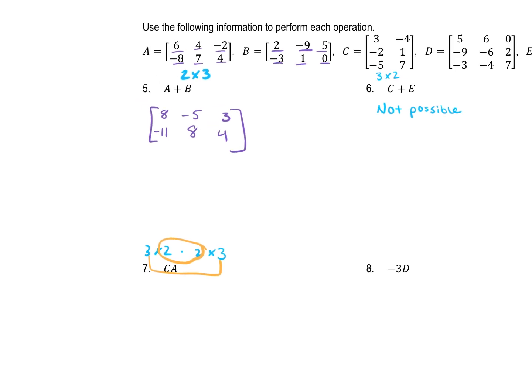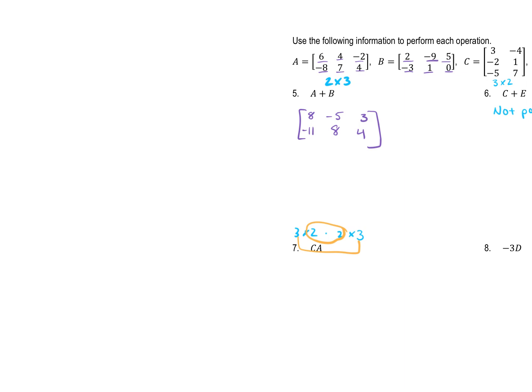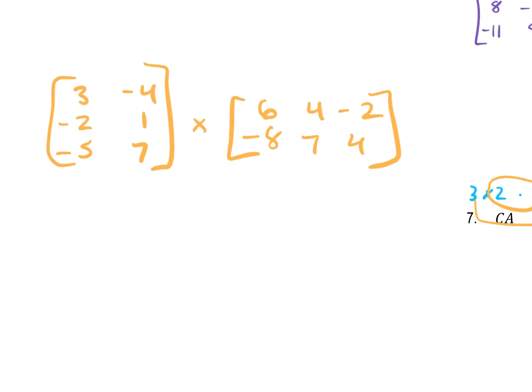I'm going to rewrite them over here just to give us more space to multiply. So in C, we have 3, negative 2, negative 5, negative 4, 1, 7, times A, which is 6, 4, negative 2, negative 8, 7, 4. So be super careful.